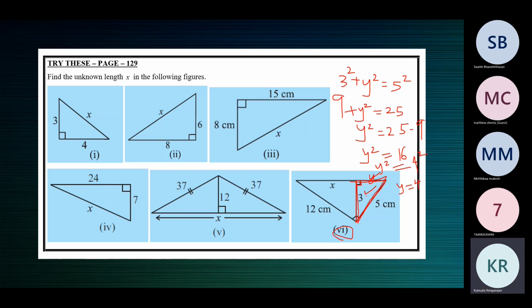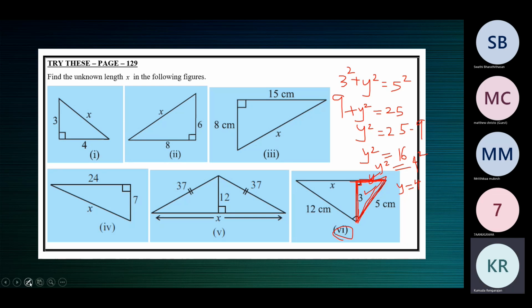Now next, children, let's take the whole triangle. Now we took only the small triangle, because it's a right triangle, and we found the value of y.